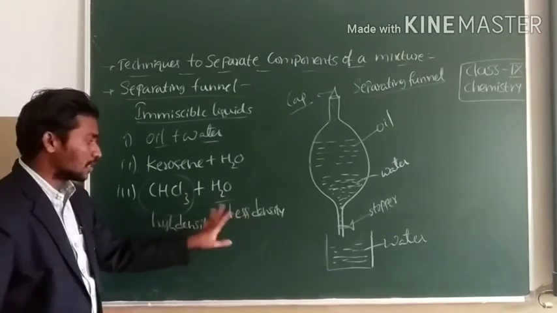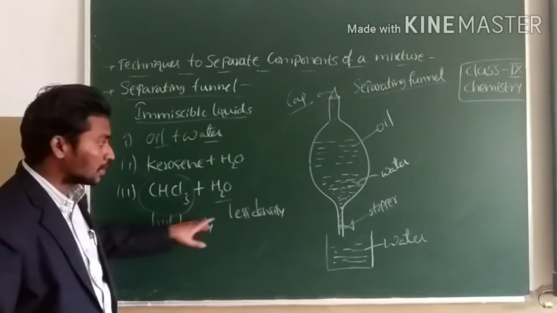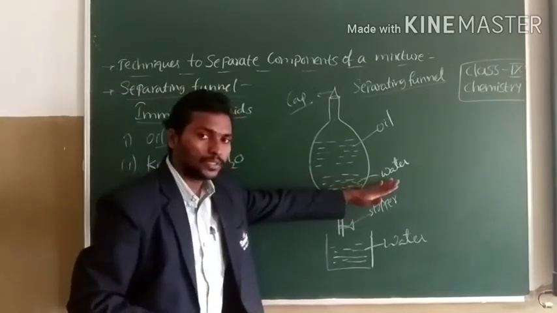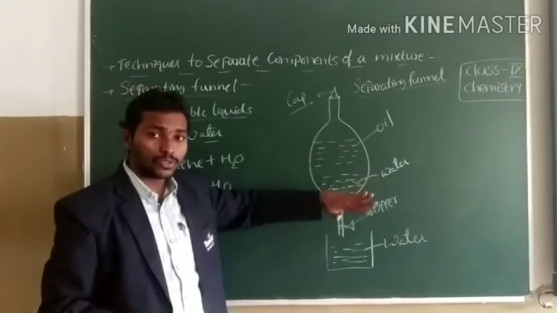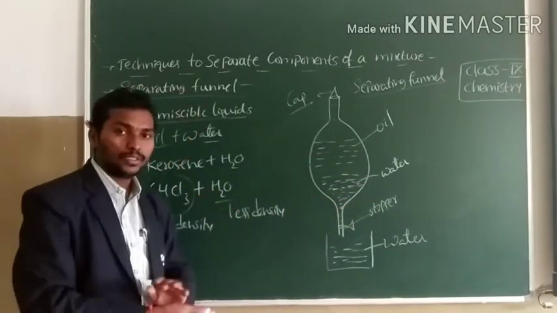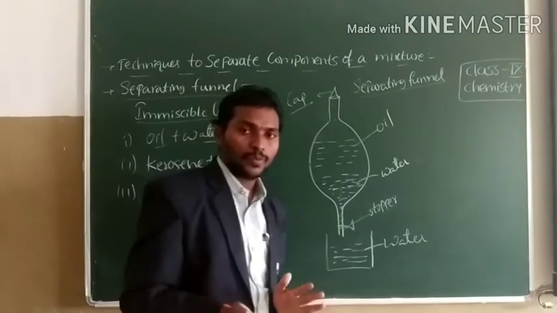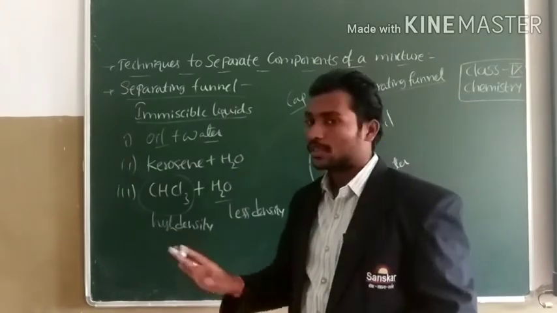Due to the different densities, they don't mix together. Chloroform, with high density, is present at the bottom of the separating funnel, and water, with less density, flows over the chloroform. By the separating funnel technique, we can separate the components of chloroform and water. So this is the way we can separate components of the mixture.